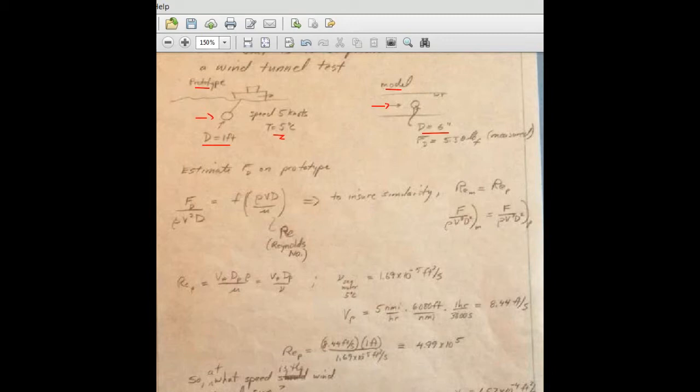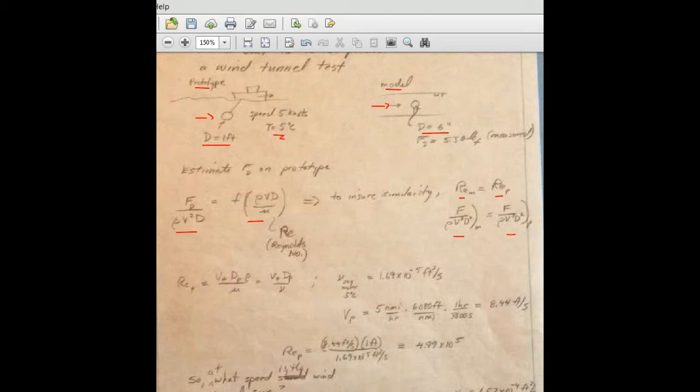So there's basically 2 pi groups here, the one related to the drag coefficient and one related to the Reynolds number. So for similarity, the model Reynolds number has to be the same as the prototype Reynolds number, and the model drag coefficient has to be the same as the prototype drag coefficient.